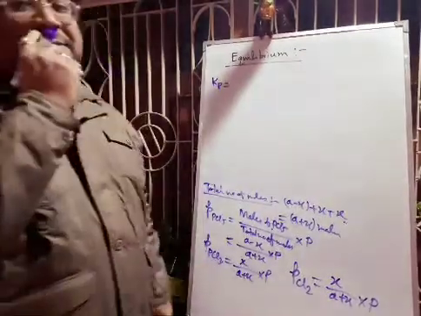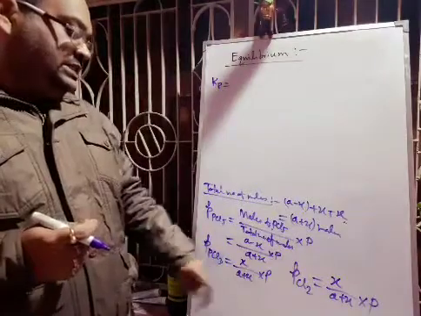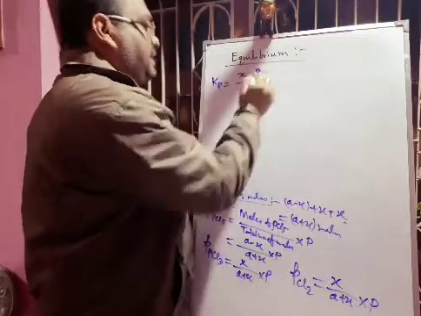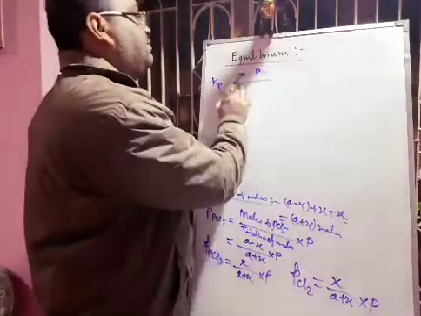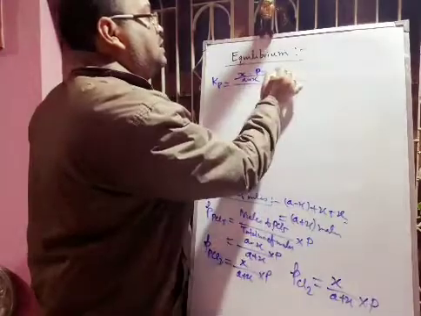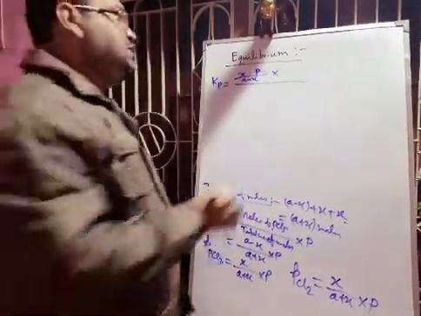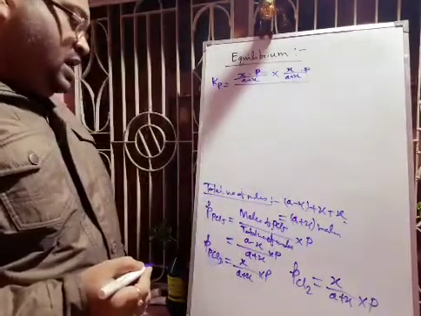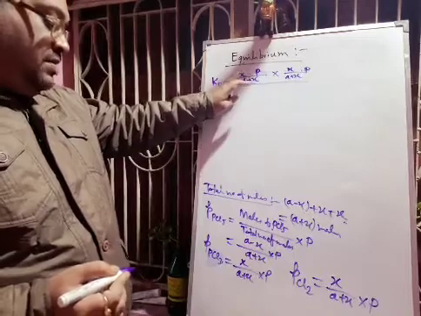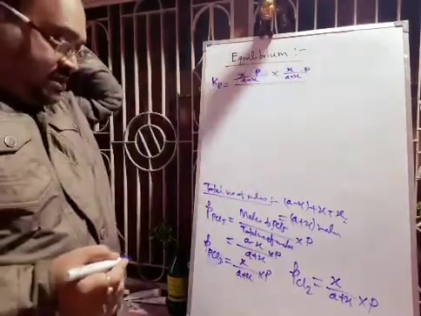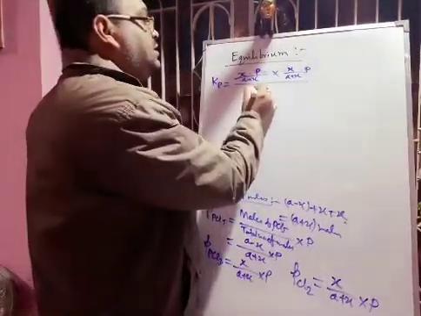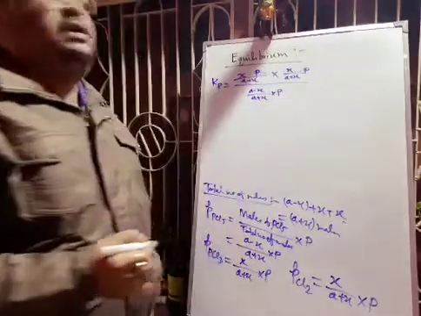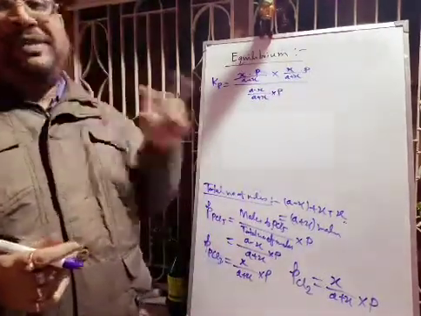Kp is equal to the partial pressure of PCl3, that is x into P divided by A plus x, into the partial pressure of Cl2, that is x into P divided by A plus x, divided by the partial pressure of PCl5, that is A minus x divided by A plus x into P. So this is your Kp, hope you can understand.